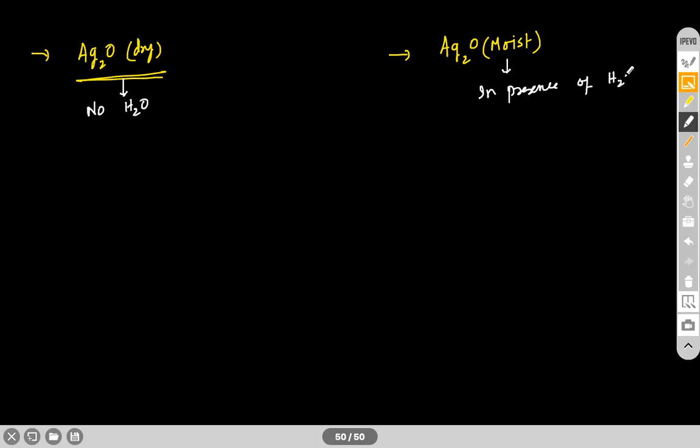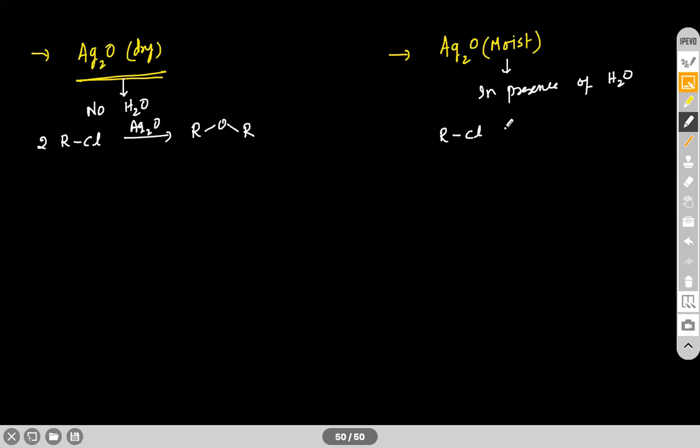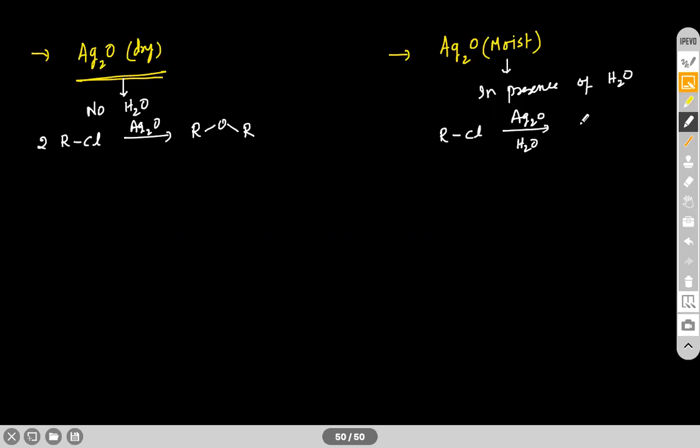So if you have 2 molecules of alkyl halide RCl with Ag2O dry, we'll get ether here, that is ROR. If you have moist, then we'll take only one molecule with Ag2O moist. The product will be ROH alcohol. Okay, this is the difference we have here.